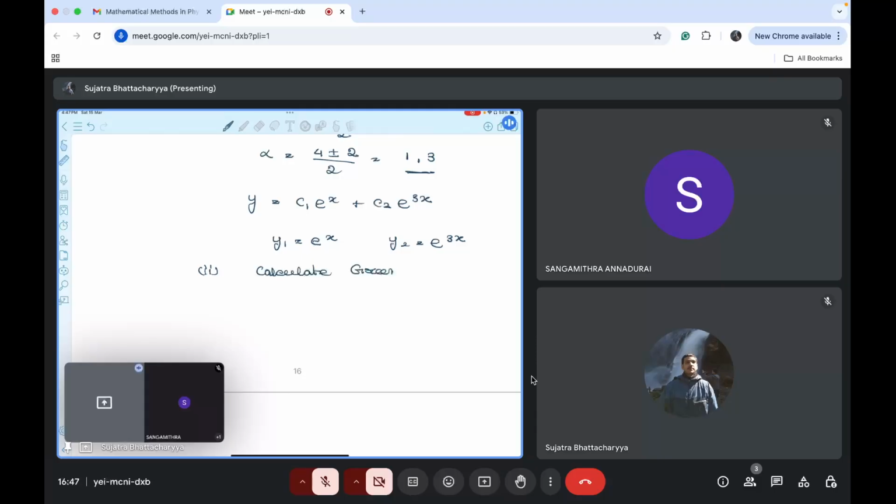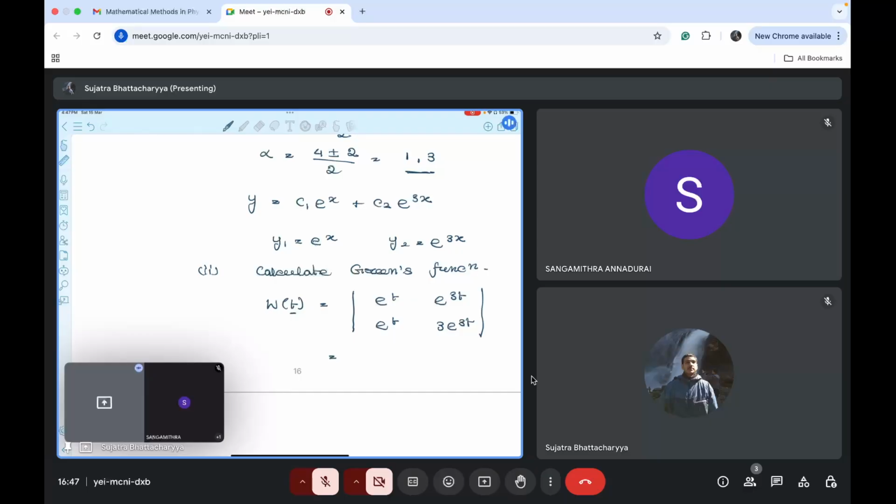Okay, calculate Green's function. But before calculating the Green's function, you have to calculate the Wronskian, which will be in terms of a dummy variable t. So you have e to the power t, e to the power 3t, differentiated: e to the power t, and differentiating e to the power 3t gives 3 e to the power 3t.